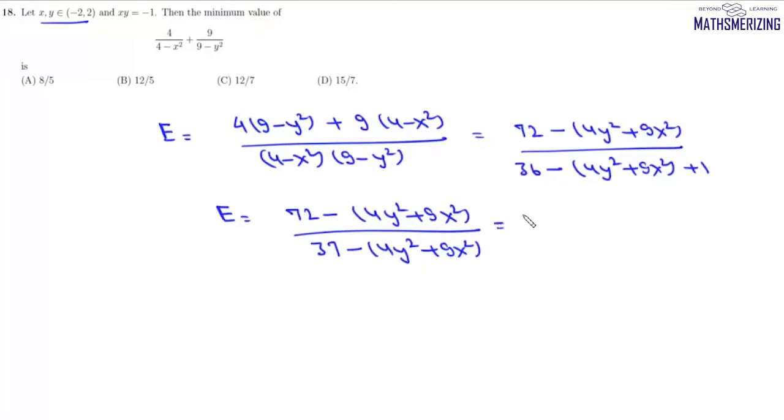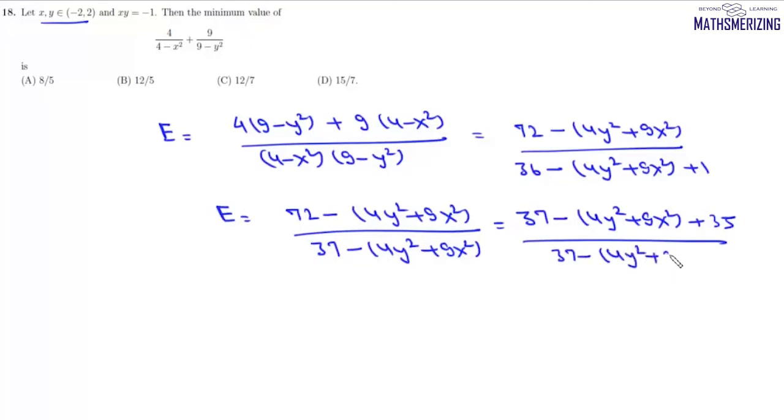Now we can write this numerator as 37 minus (4y^2 + 9x^2) plus 35 upon 37 minus (4y^2 + 9x^2). Now we divide it, we write E as 1 plus 35 upon 37 minus (4y^2 + 9x^2).